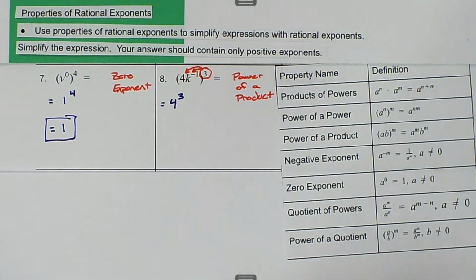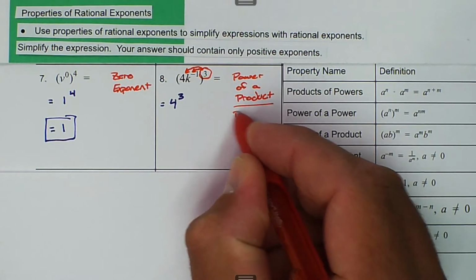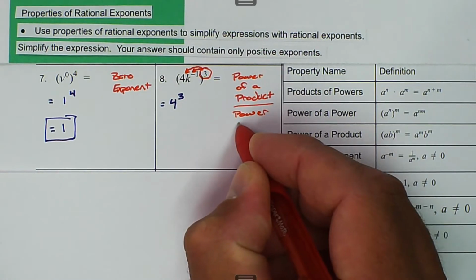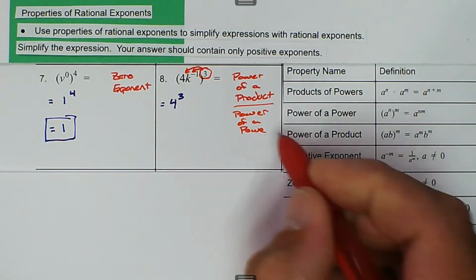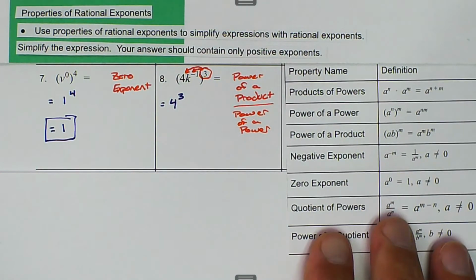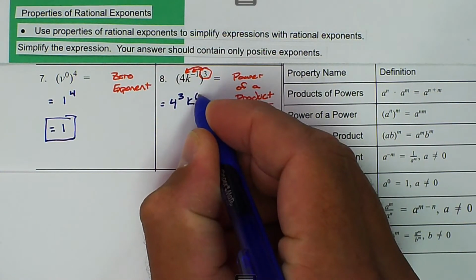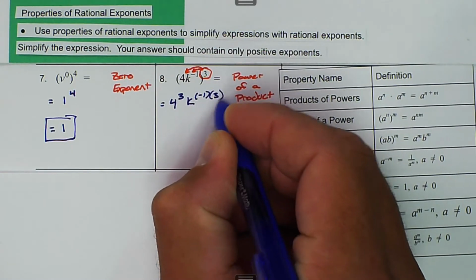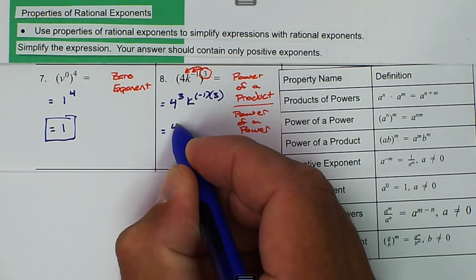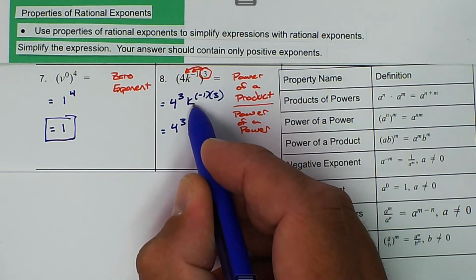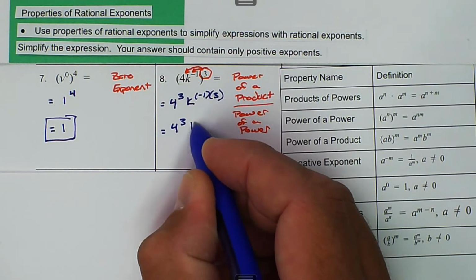So what we have to do is say k to the -1 times 3. And then what we can do is we leave the 4 to the 3rd power alone, and k to the -1 times 3 is -3.